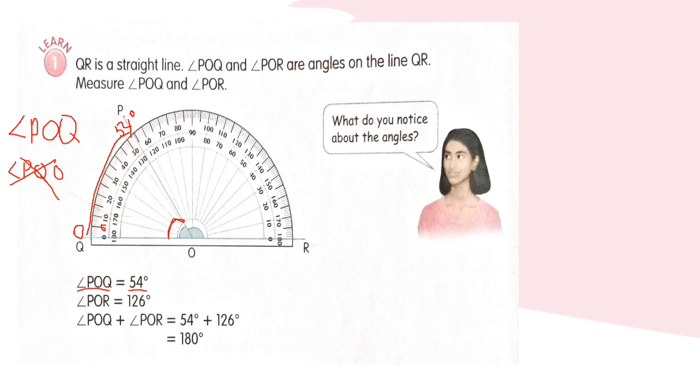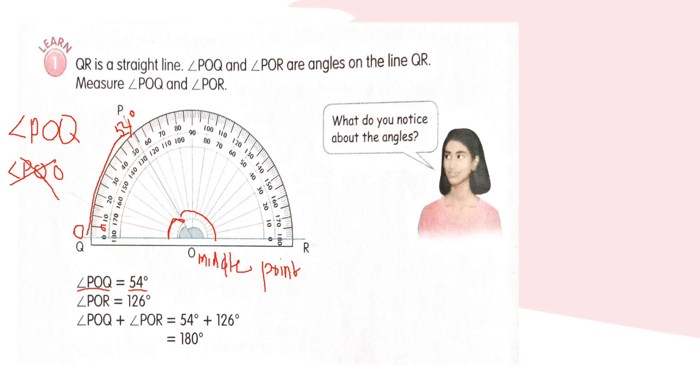Then how about these angles? POR. Remember, O is the middle point. That's why we need to write O in the middle. Okay, so POR, these angles, it's obviously an obtuse angle.